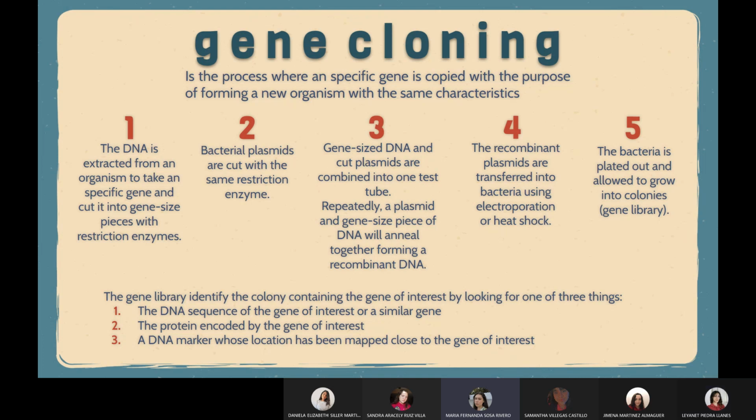It's important to mention that the gene library identifies the colony containing the gene of interest by looking for one of 3 things: the DNA sequence of the gene of interest or a similar one, or a protein encoded by the gene of interest, or a DNA marker whose location has been mapped close to the gene of interest.